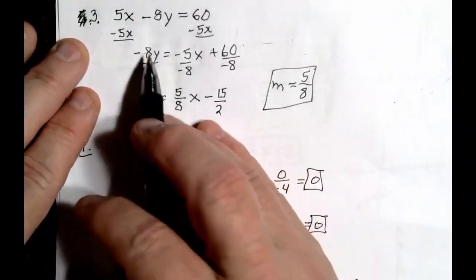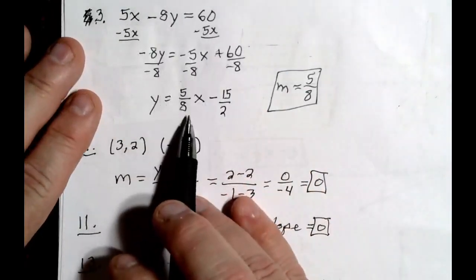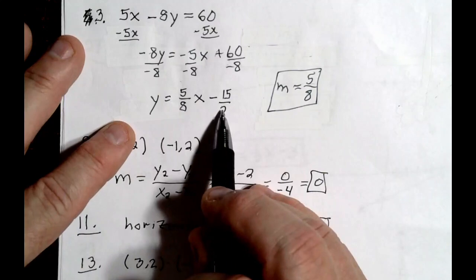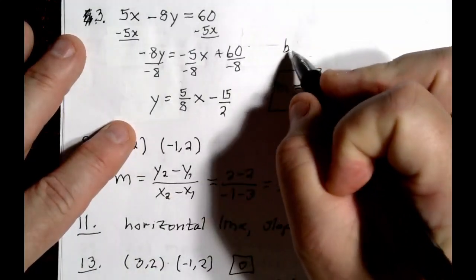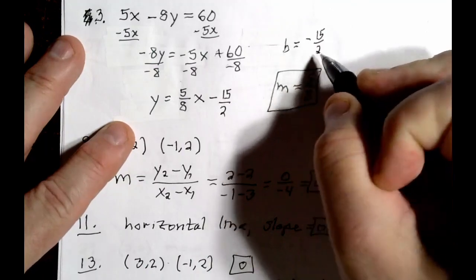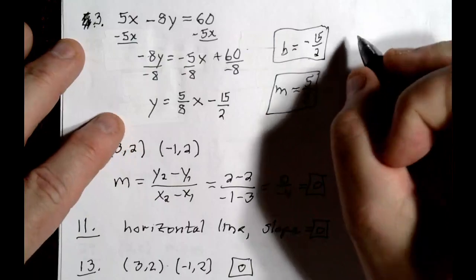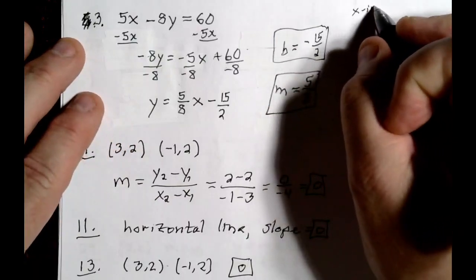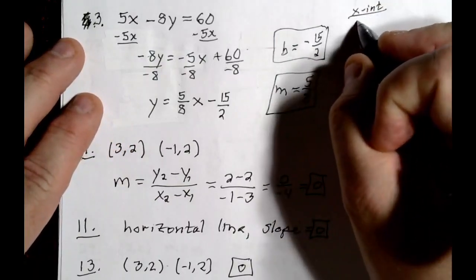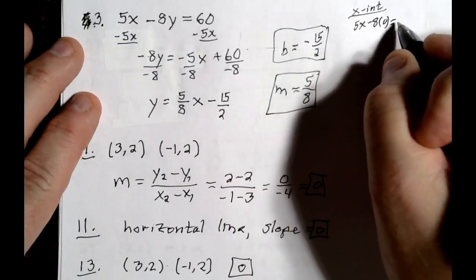Alright, so you can solve this for y, and you see your slope is 5/8 and your y-intercept, it's always known as b, is negative 15 over 2. Of course you didn't find your x-intercept, did you? Let's find that one. X-intercept. So it's 5x minus 8 times 0 equals 60.